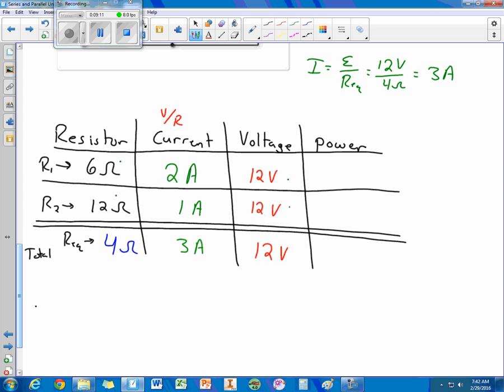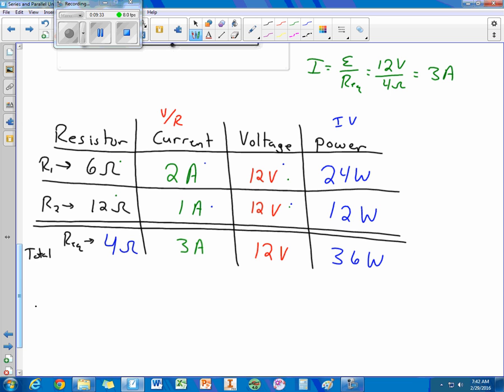Power is current times voltage. So I have 2 times 12. That gives me 24 watts. And then 1 times 12 gives me 12 watts. And then if I add these together, I get 36 watts.